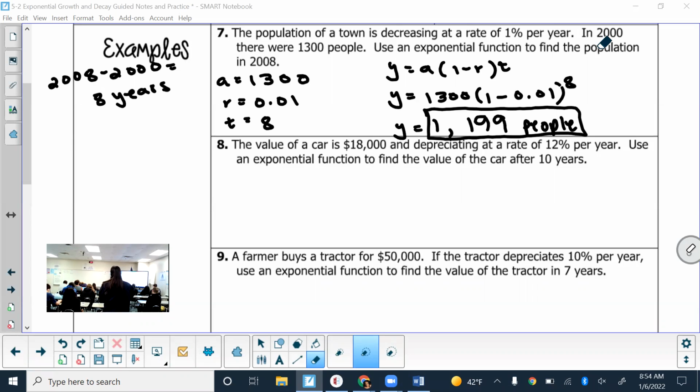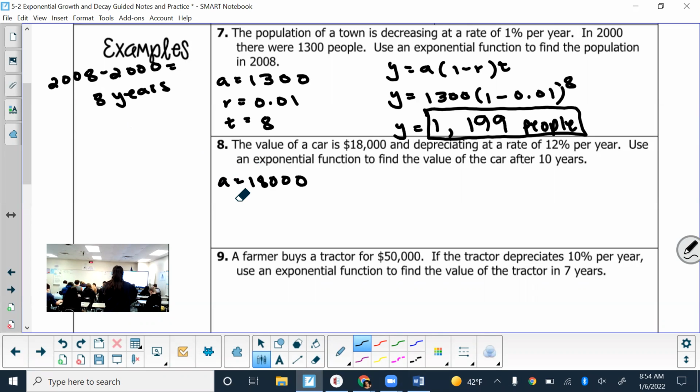All right, so what is my initial amount? 18,000. Good. My rate? 0.12. Good. And I didn't give you any warning about that. Just kind of wanted to see if you guys knew that 12% written as a decimal is 0.12.